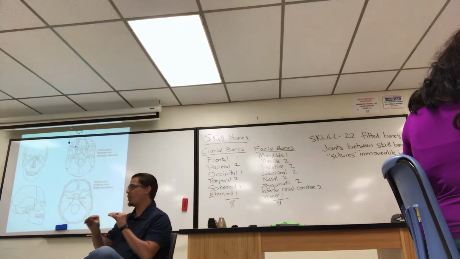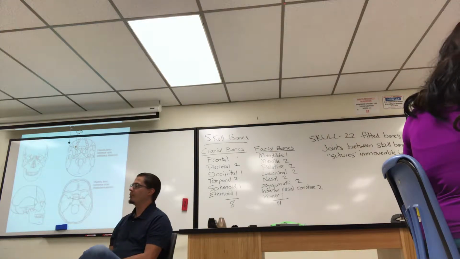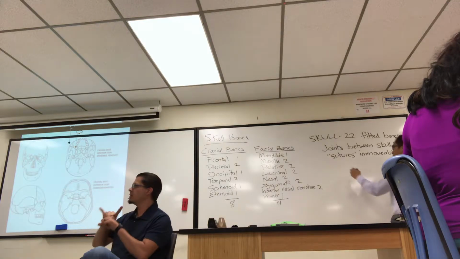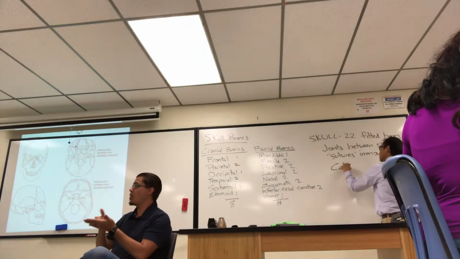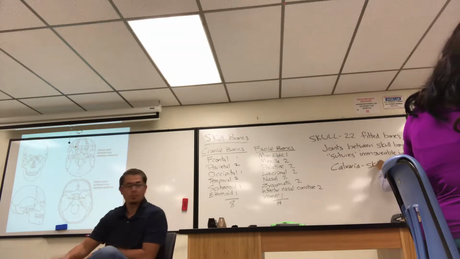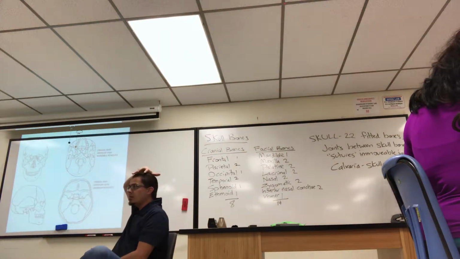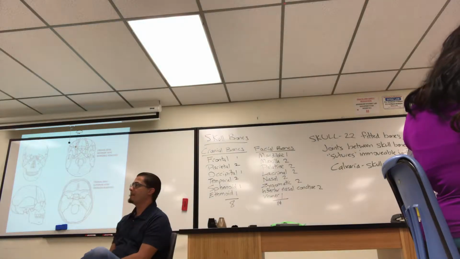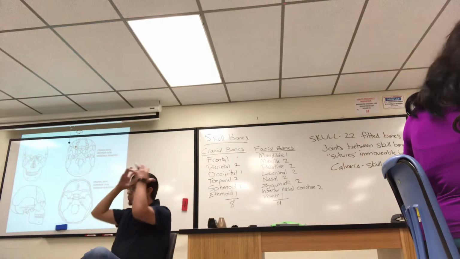The skull has different parts. The main parts are the calvaria, which is the skull cap. The calvaria covers your noggin. It's your brain case, basically.